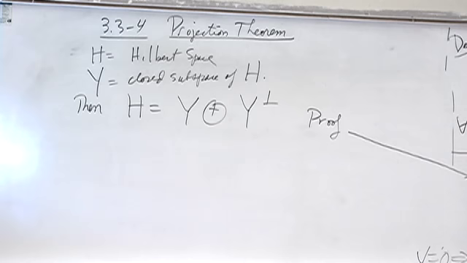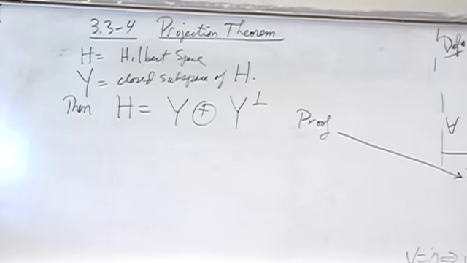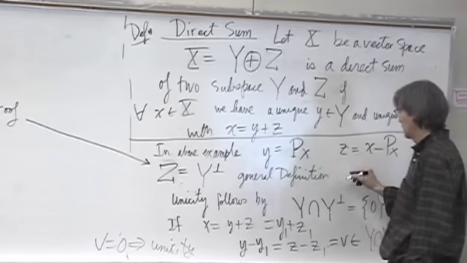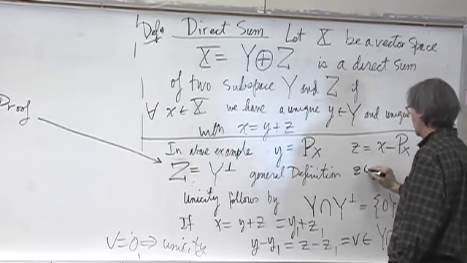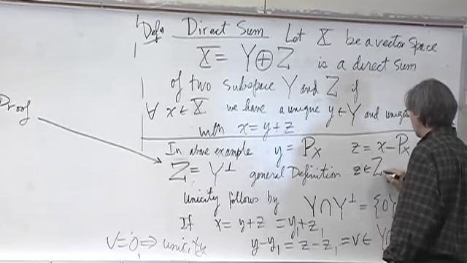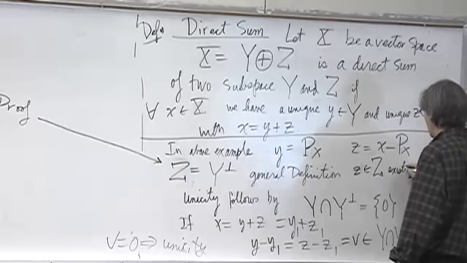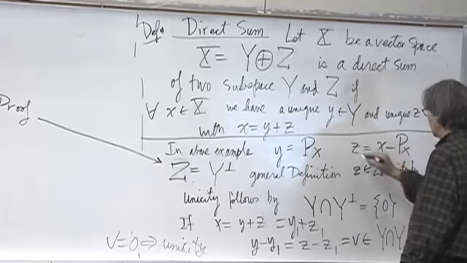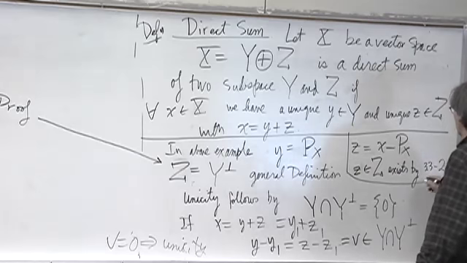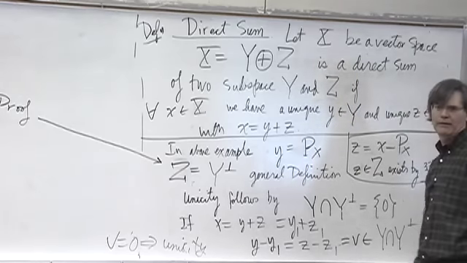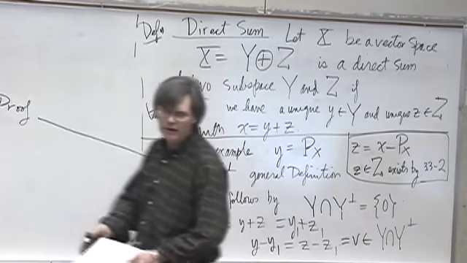Okay, and we had already established the orthogonality of Z to capital Y. Little z in capital Z exists by the orthogonality lemma 3.3-2. We had established that by the orthogonality lemma.